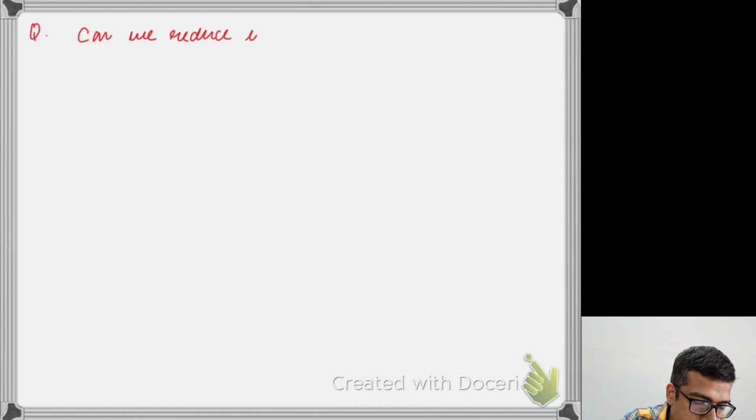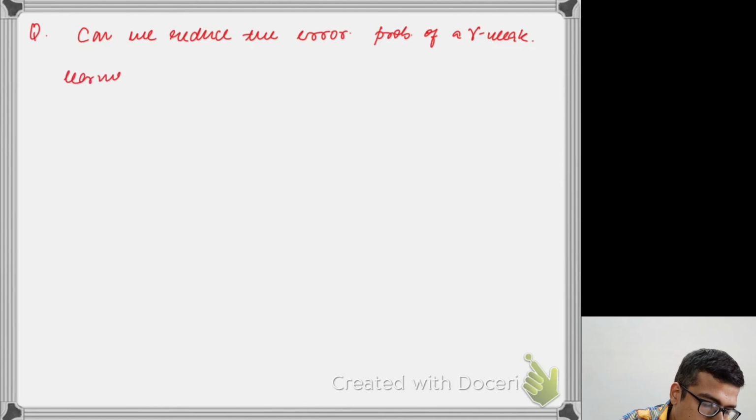The question is this: can we reduce the error probability of a gamma weak learner, the original error probability of half minus gamma, to something arbitrarily low?